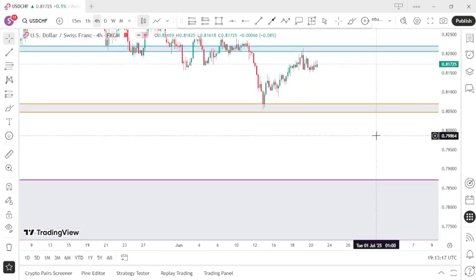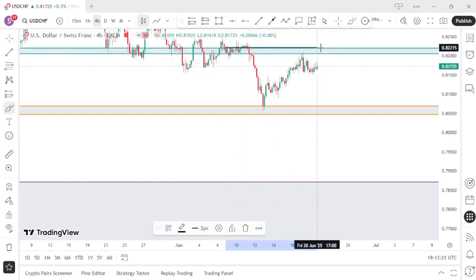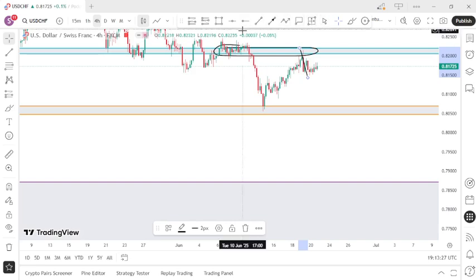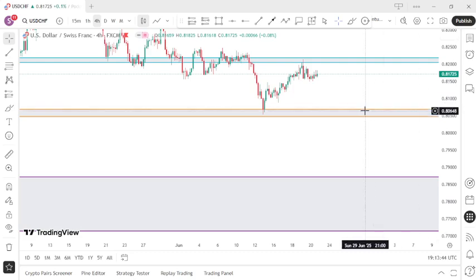So here we can see that after price tapped into this resistance, we are seeing a drop to the downside. Since we are now looking for an entry because we are not already in this trade, we are going to prepare ourselves for two entries.